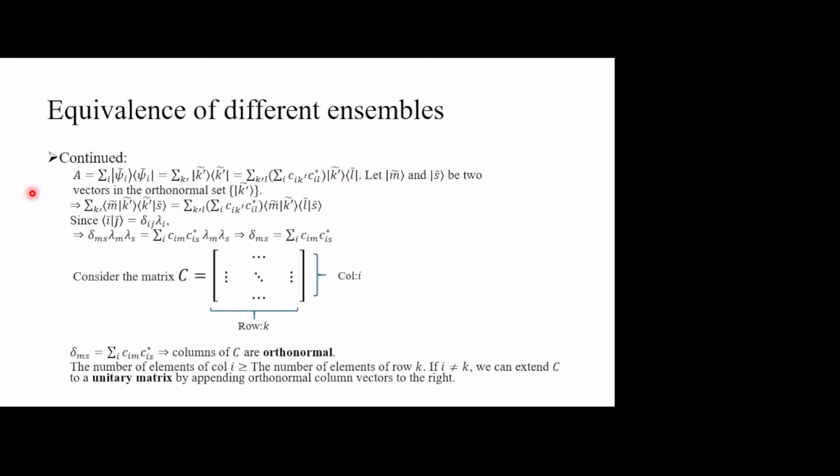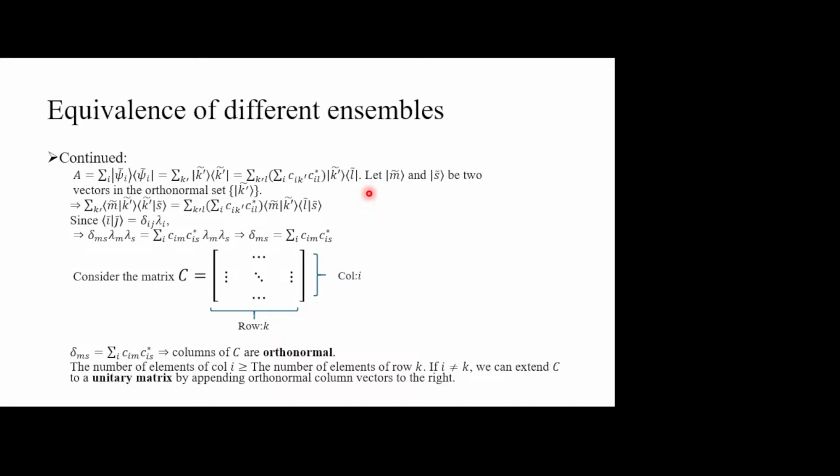So this L is like a k prime. Here we are using a bit of funny notation, but this k prime tilde is like this k prime tilde, and this L tilde is like this k prime tilde. So this is a different indexing of k prime tilde.